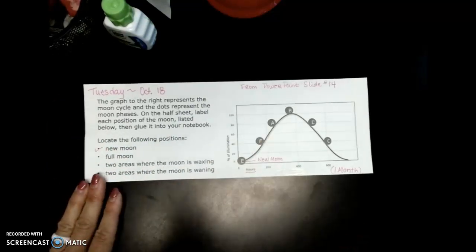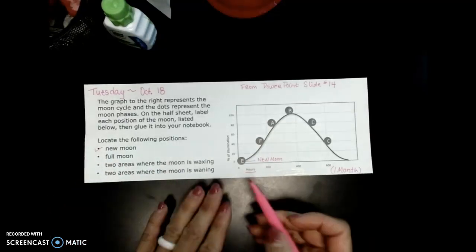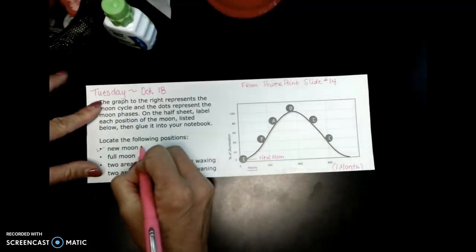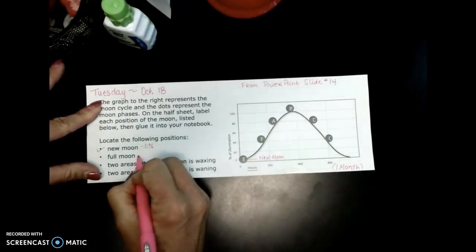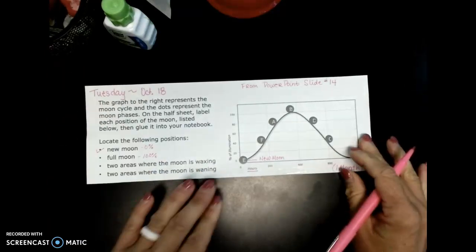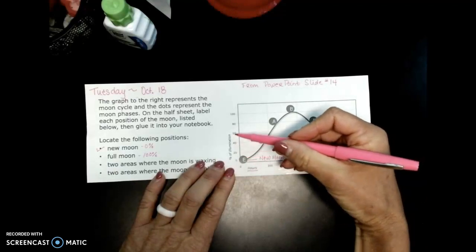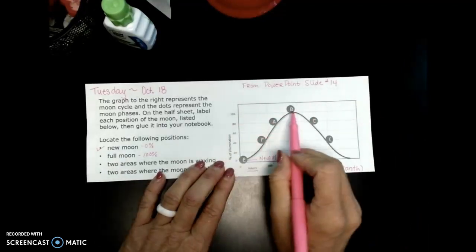But I think what might help us next is to go ahead and do our full moon. Then we'll go back. So our full moon, we know, has 100% illumination. Okay, so if you're looking up here, there's 20, 40, 60, 80, 100.